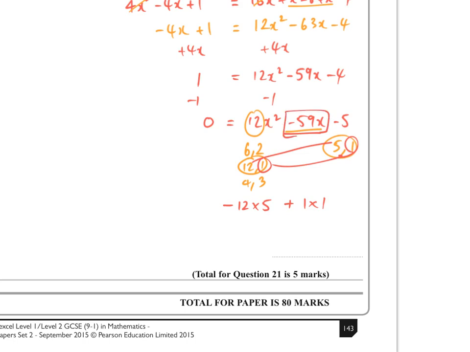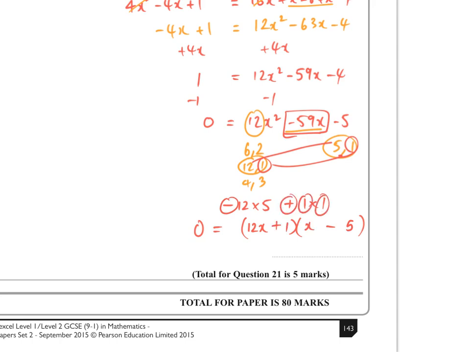So what I can do here is create my two brackets, and I can say a 12x here will go with a 5 negatively, and an x here will go with a 1 positively.